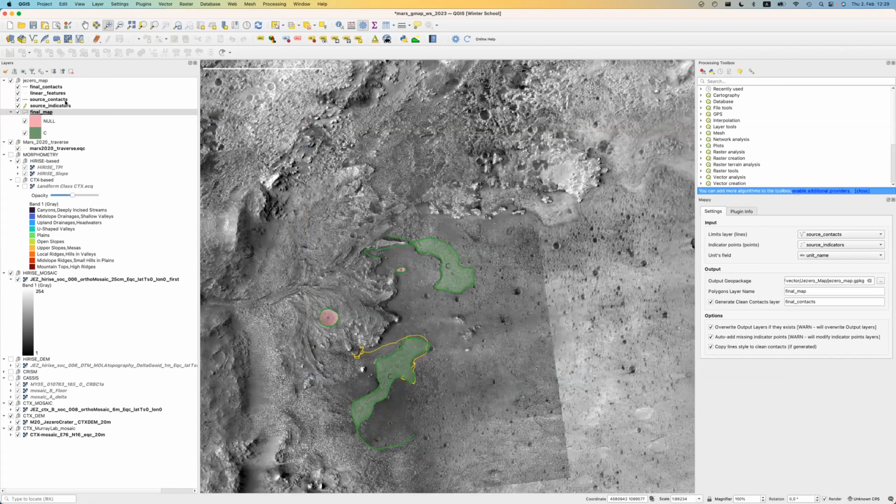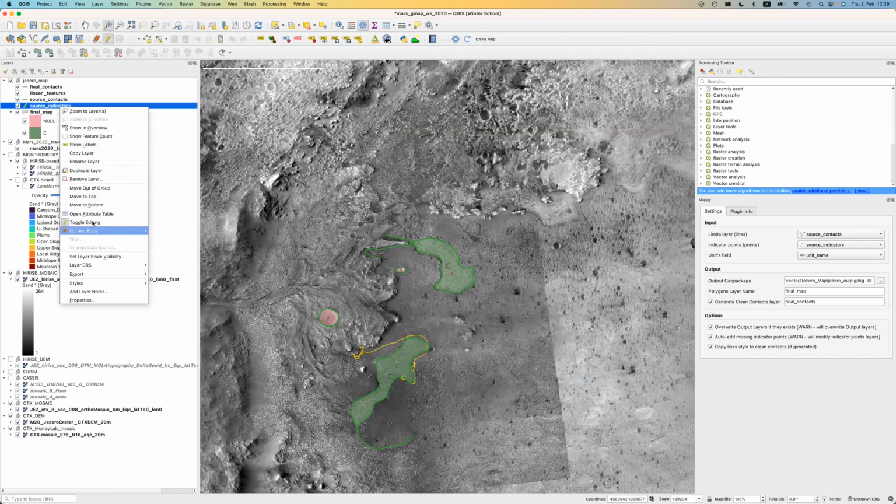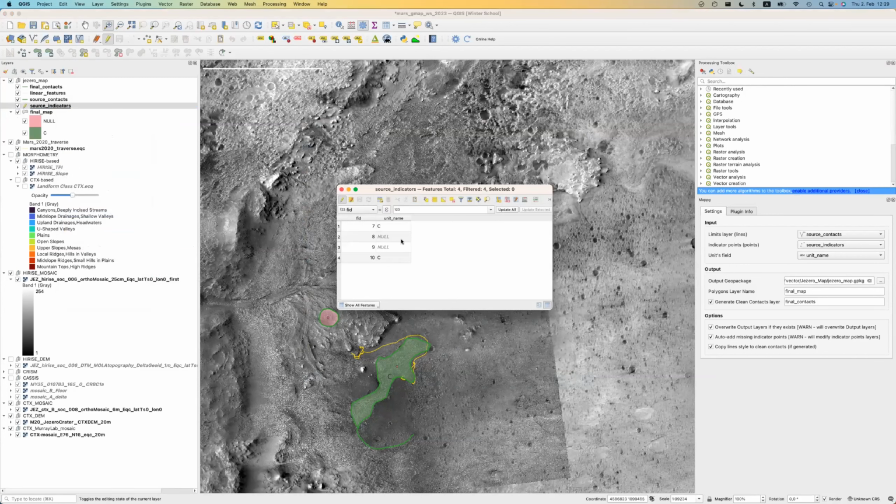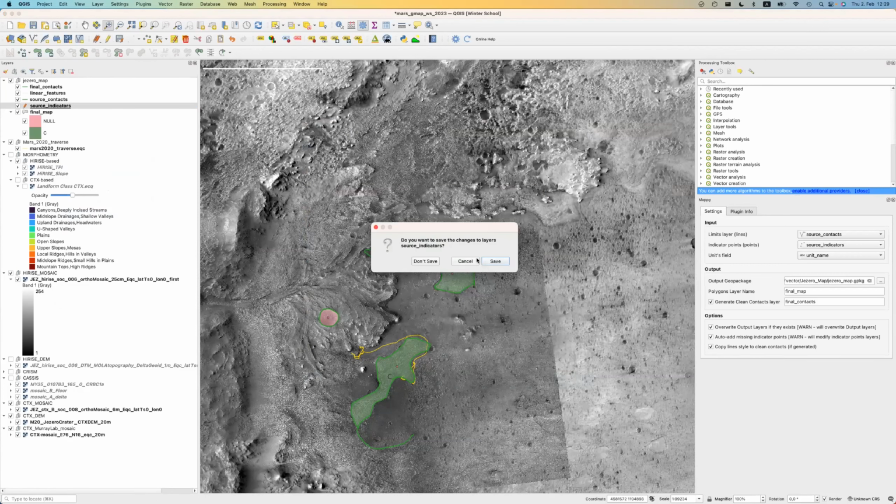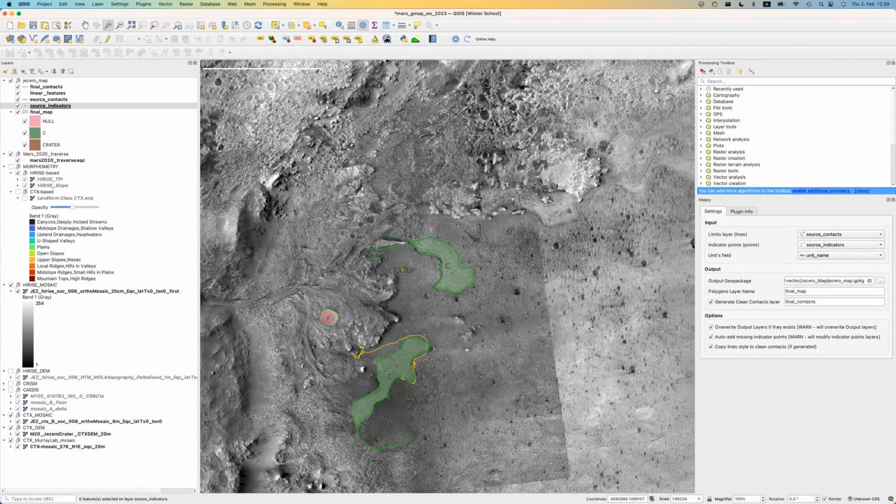For example, I can see that in the source indicators, you see I have some null. And probably this null is the crater. Let me see if that's the trick. No, wrong.